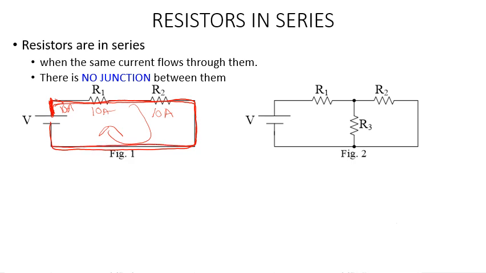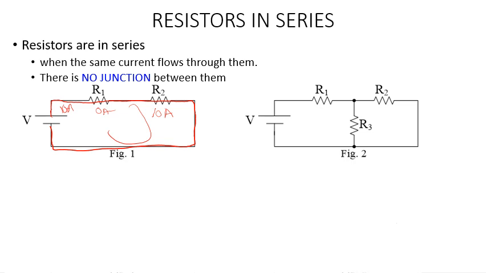The current just moves all the way back, and there's only one path for it. Sometimes that is one way you can easily detect whether they are in series, aside from the definitions.